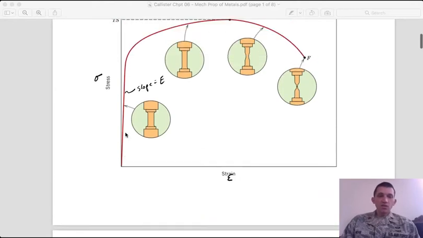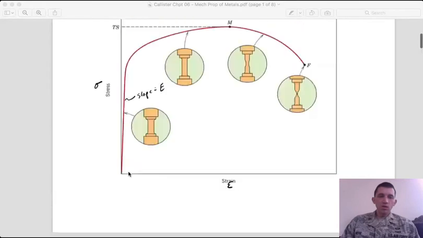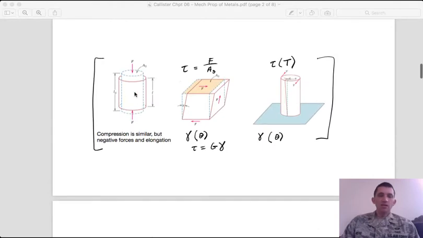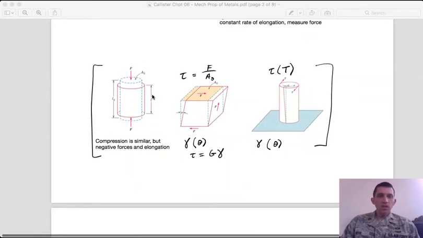And then you would get a similar yielding in compression where, instead of getting necking, you might have more of a pancaking kind of deformation, especially for ductile materials, which is kind of illustrated here, right? So you can still get the delta L over L. It would just, instead of being an elongation, be a contraction. So you can have compression.